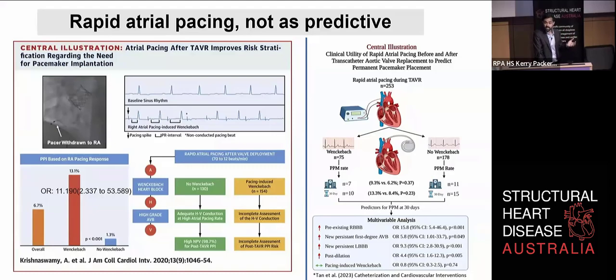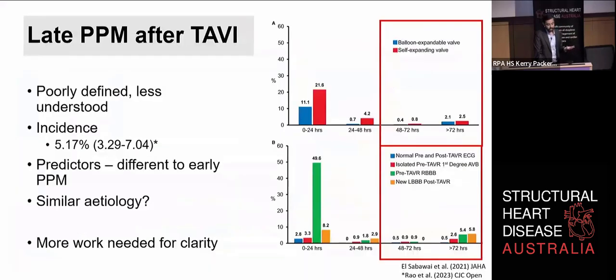And they showed that it was actually quite a good predictor, and particularly had very high negative predictive value in determining whether a patient would need a pacemaker. Unfortunately, a lot of groups then went and tried to reproduce this, and this hasn't really been done since then. So there's a bit of mixed information, but conceptually it makes a lot of sense.